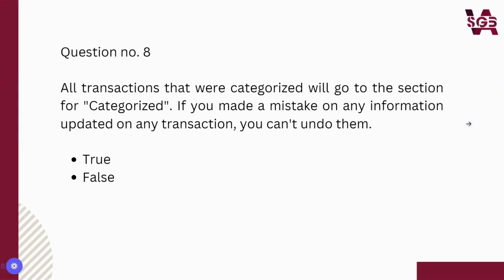Question number 8. All transactions that were categorized will go to the section for categorized. If you made a mistake on any information updated on any transaction, you cannot undo them. True or false?